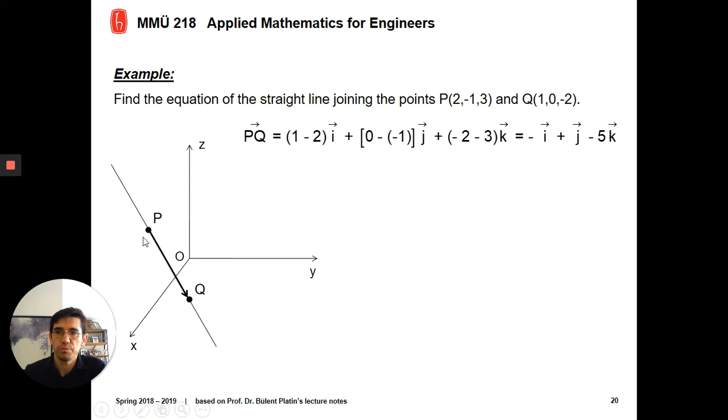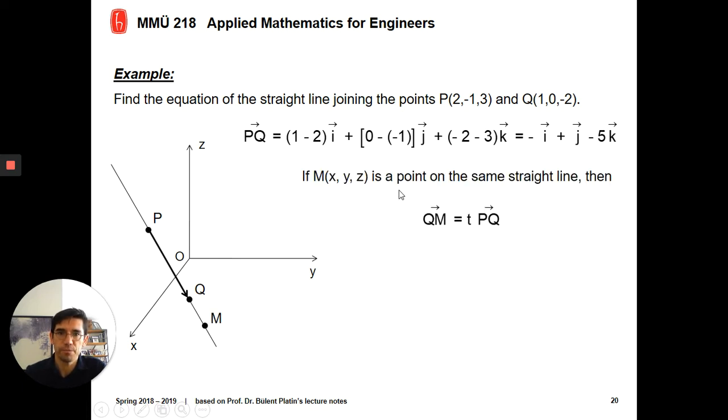Let's say I'm interested in the PQ vector, so it's Q minus P. Q minus P, you can follow it from here, results in a vector like that. Okay, and what is it equal to, or how can I use this vector PQ? PQ is my vector.